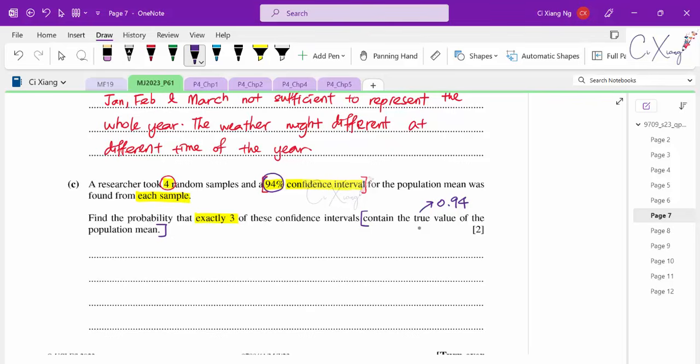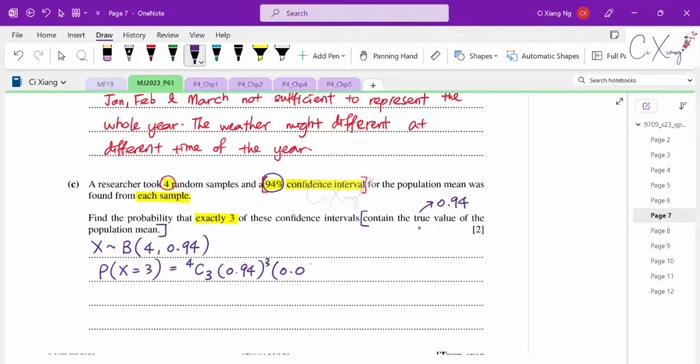If you want to look at it using the binomial distribution, it's binomially distributed with n equals 4, and p should be 0.94. Let's say this is X, and they actually want us to calculate the probability of X equals 3. So if we apply the binomial distribution formula, it will be 4C3, then p to the power 3, and then q to the power 1.